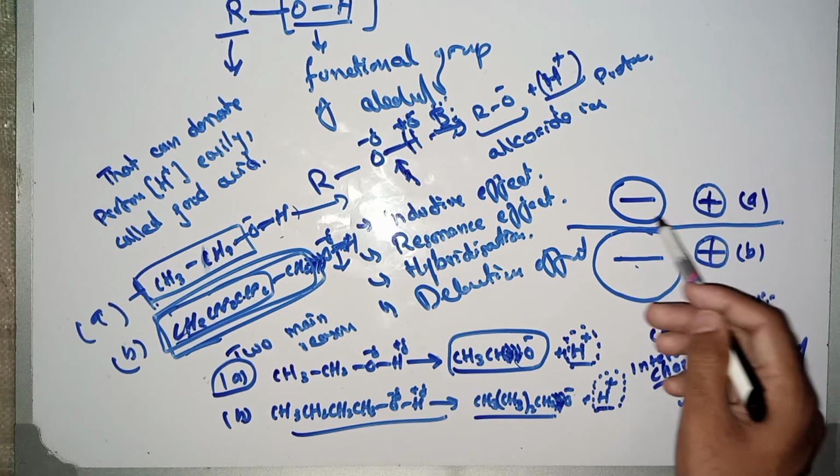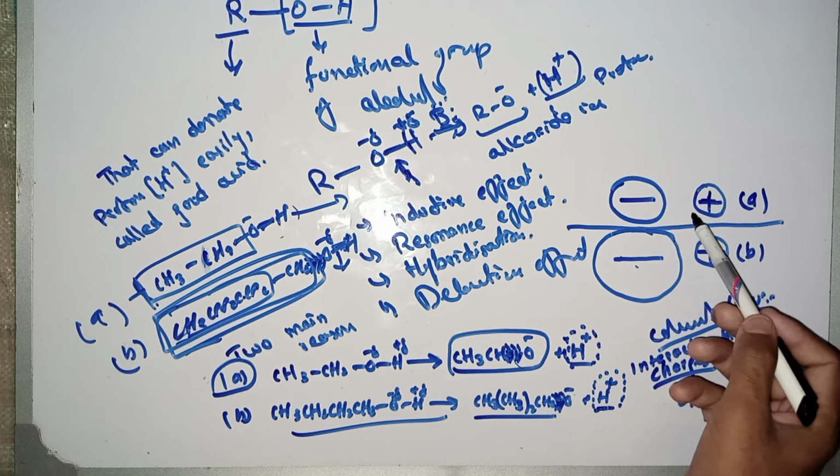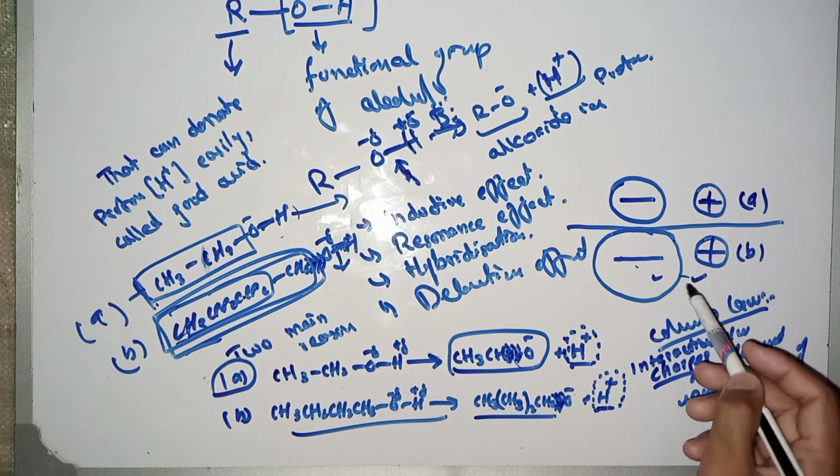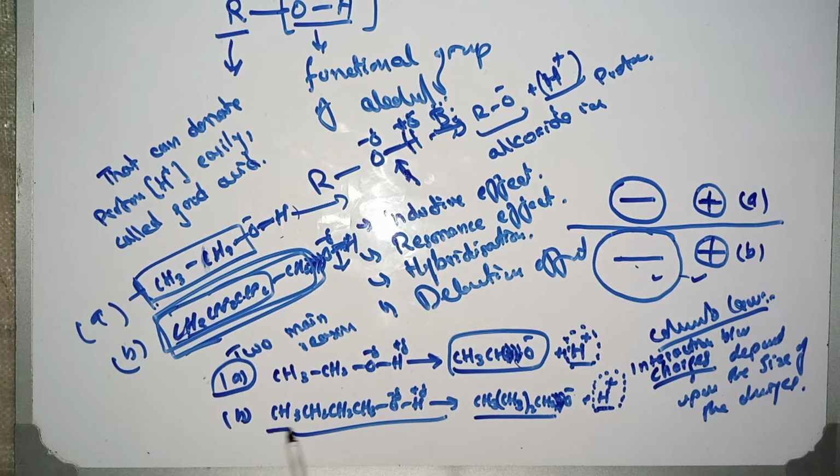The attraction between these two opposite charges will not be as great as in this case. So in the case of butoxide ion and the proton, the attraction between butoxide ion and proton will be very great.